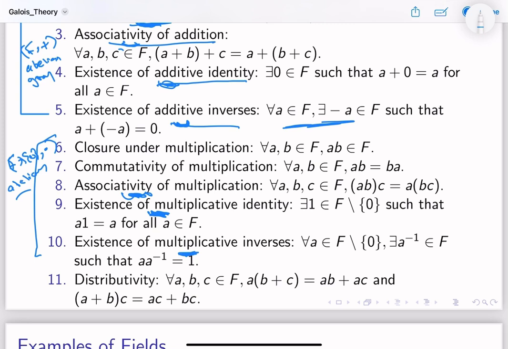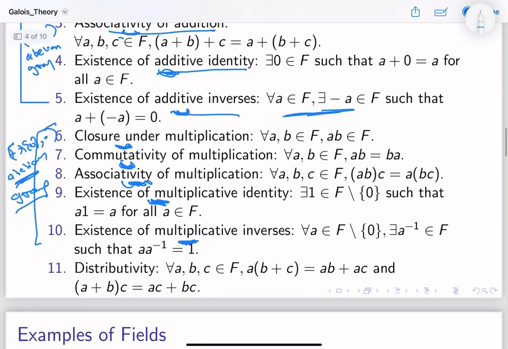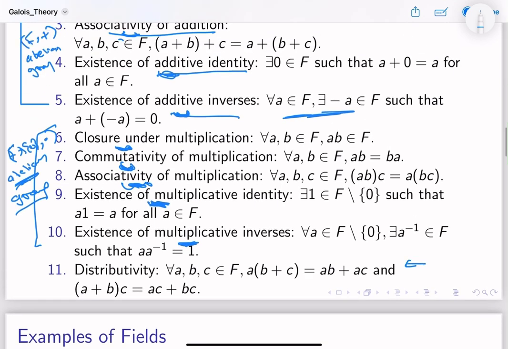And since it's an abelian group, we require commutativity of the operation. And since it's a group, we require that the operation multiplication is binary, meaning that there's closure under the multiplication, and finally we require that it's distributive.